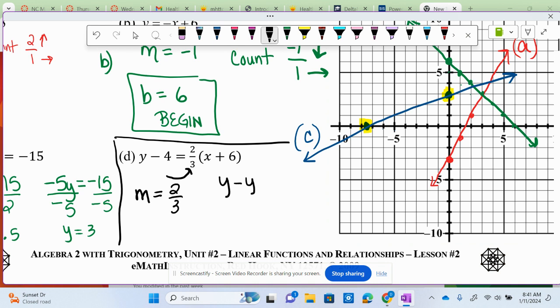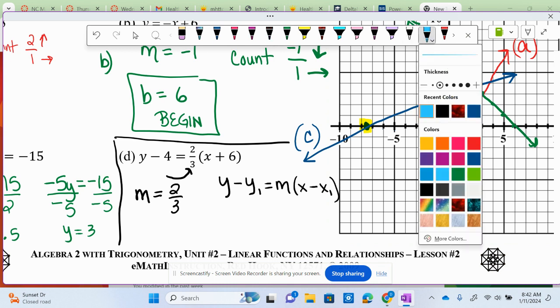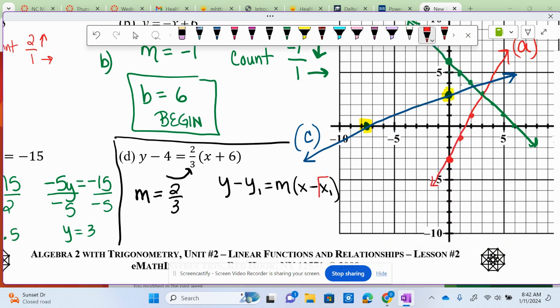I'm going to write out the form. Y minus y1 equals m times x minus x1. So I need the point. I need to find the ordered pair. How am I going to do that? Well, my ordered pair are these two numbers. So what's the x value?